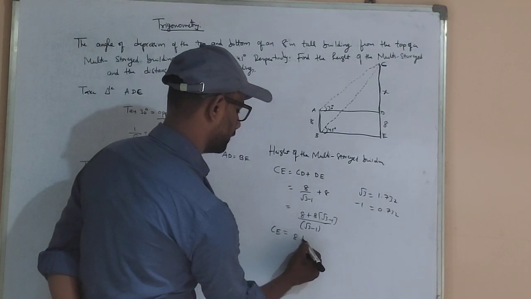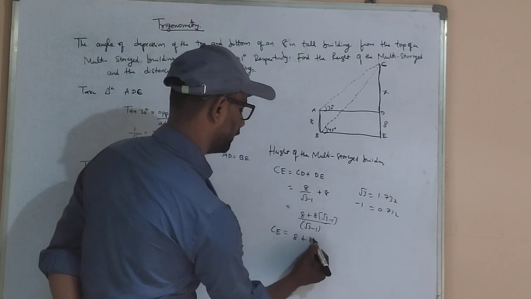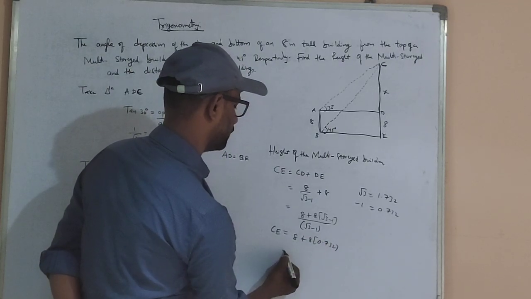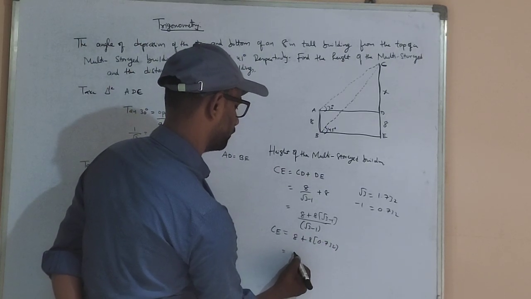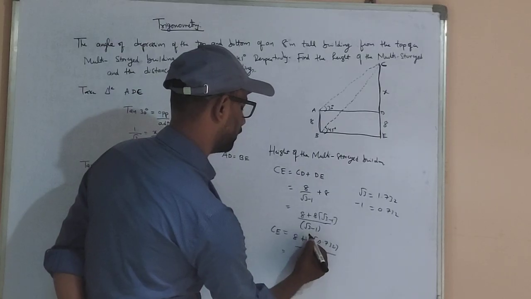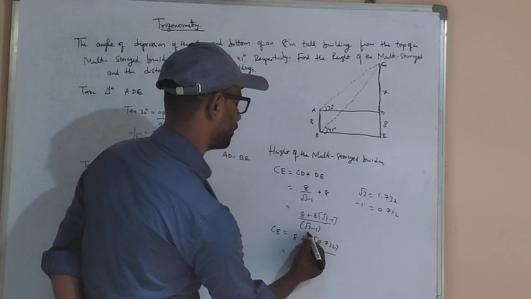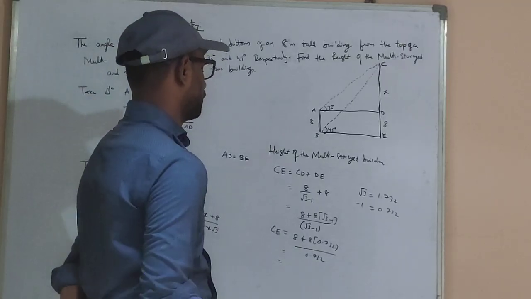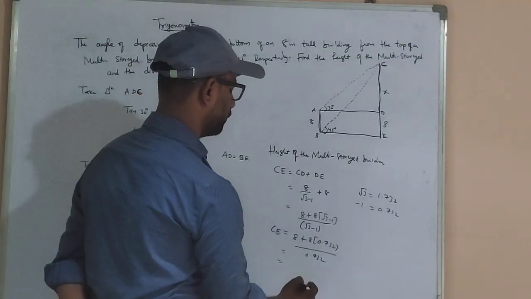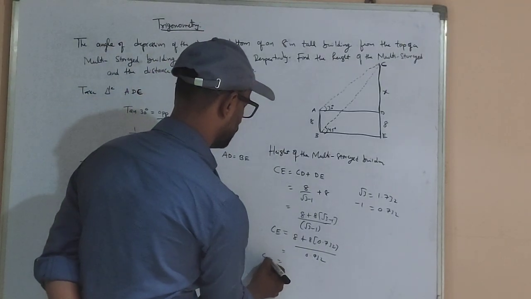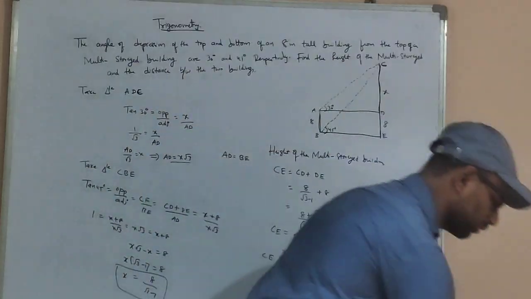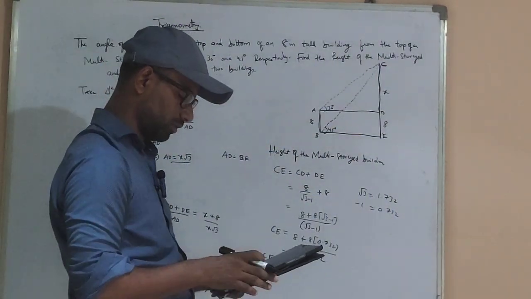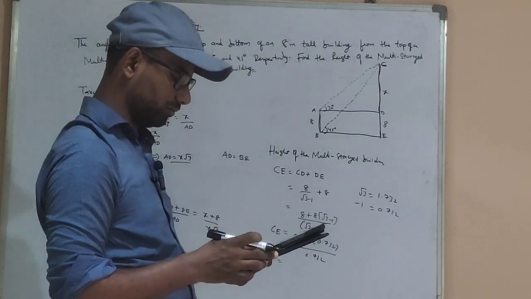So 8 plus 8 into 0.732, that is equal to, again here in the denominator we can see 0.732. So finally on solving, CE is equal to, so it is a somewhat decimal value.